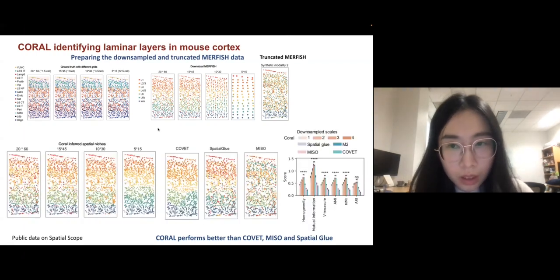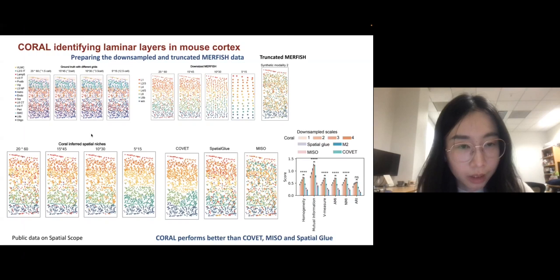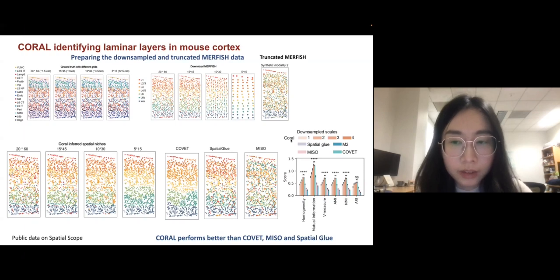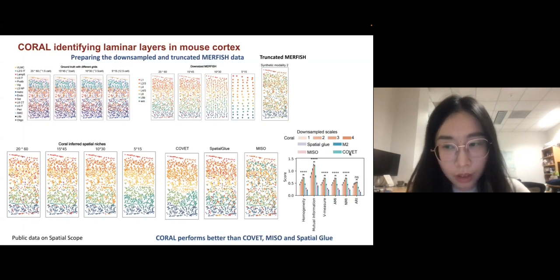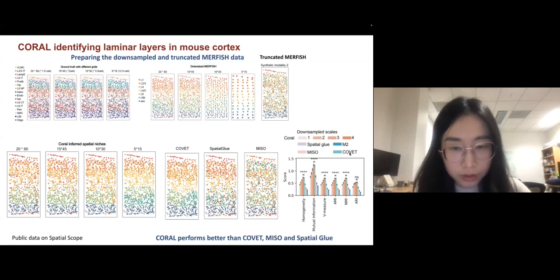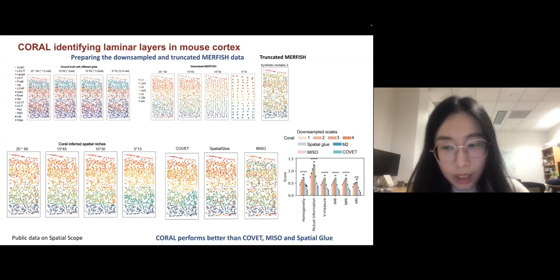I wanted to show how Coral can infer these spatial niches across different scales. This also answers Justin's question from before, because the scores will definitely change, but if you compare with SpatialGlue and other methods like COVET for domain detection, Coral still has much higher scores.